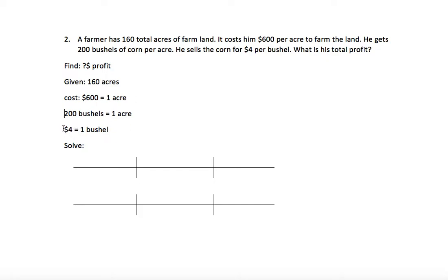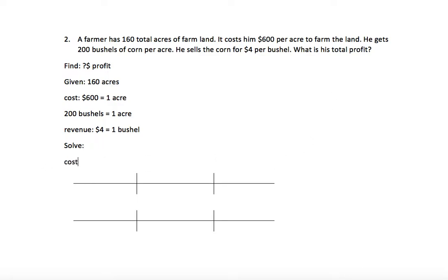What we need to do is, for the dollar amounts, figure out which ones are costs and which ones are revenue. So when he sells the corn, that's the revenue. So when we're solving it, we want to solve for the cost and for the revenue separately. And then we're going to take the revenue, subtract out the cost to get the profit.